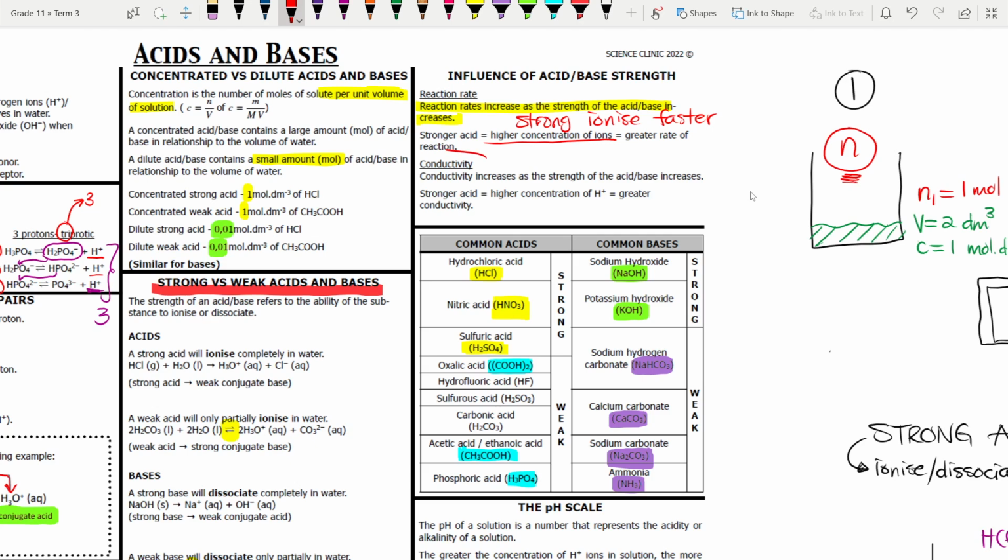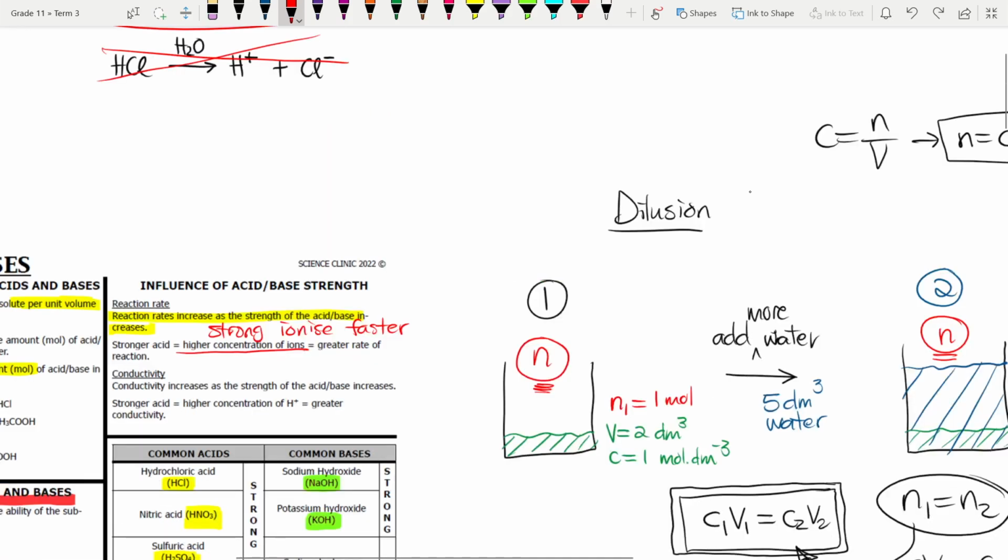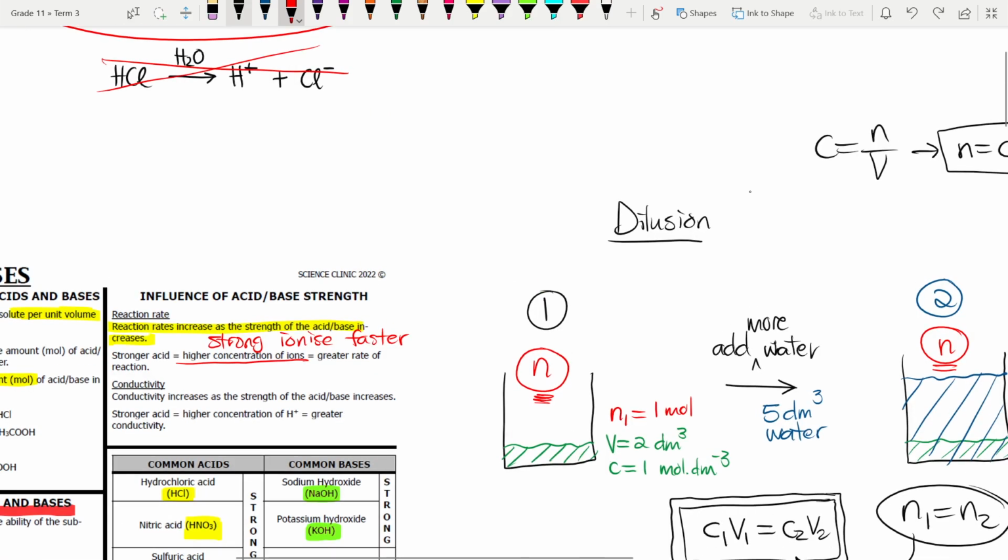And then when it comes to conductivity, this is basically how well something will conduct electricity. So let's say we have a battery. This is a battery, positive and negative. And I take that battery and connect a light bulb on the other side. So this is my light bulb.